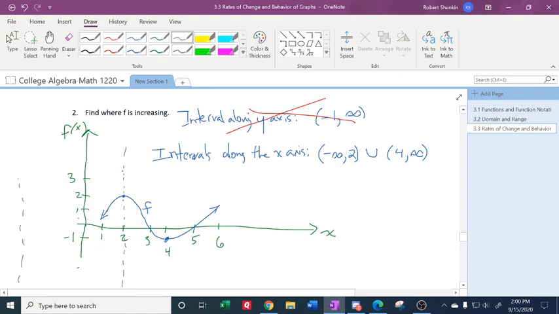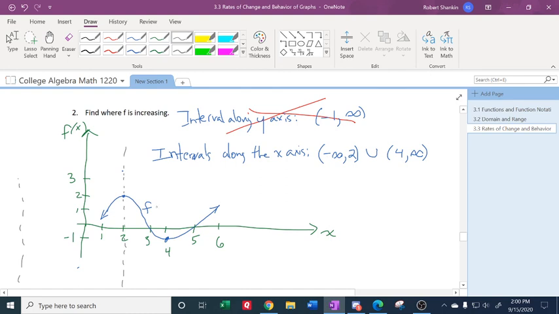If you go in the interval on the y-axis, you intersect the graph multiple times. But if you take an interval along the x-axis, remember, this is a function. Functions have to pass the vertical line test. Because it passes the vertical line test, if you give a region along the x-axis, you'll be guaranteed to get only one portion of the curve.